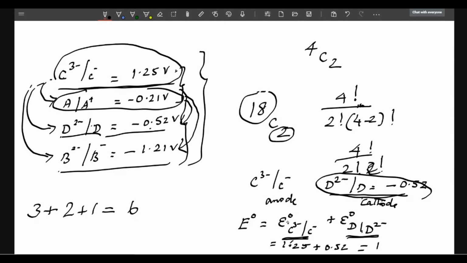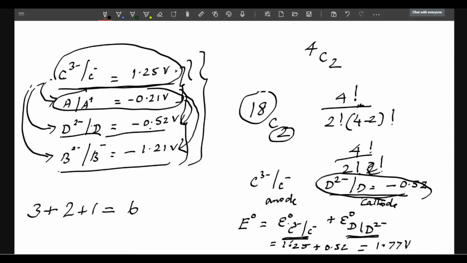Therefore, equal to 1.77 volt. Here we have calculated the potential difference. What is the difference between 1.25 and minus 0.52 by mental sum? You can calculate this. It is equal to 1.77.